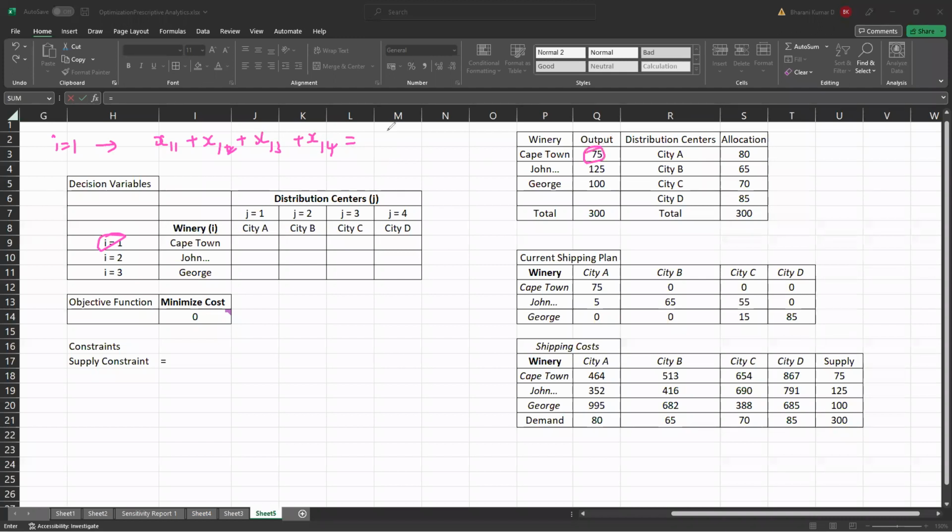So what is it that you're supplying? 75. It cannot be more than that, right? It should be exactly equivalent to that.